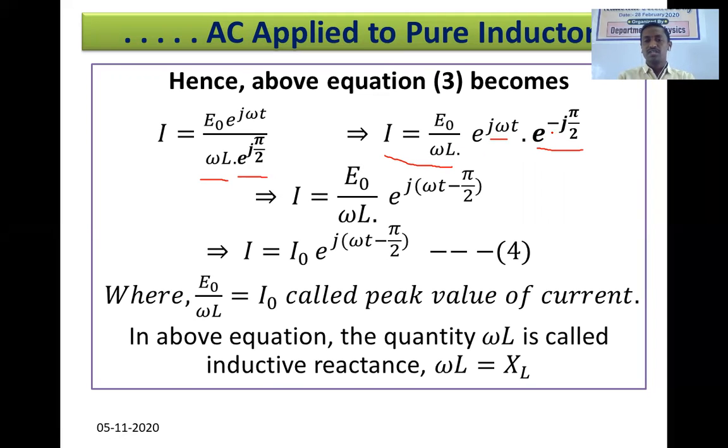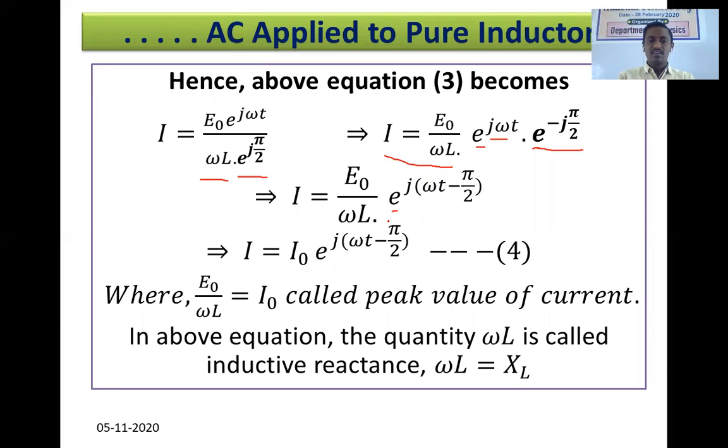So here the negative sign arises. Now the bases of these two terms are the same. So the equation can be simplified as E equals capital E0 e, I equals capital E0 upon omega L e, and take j from both the terms common, j in bracket omega t minus pi by 2.